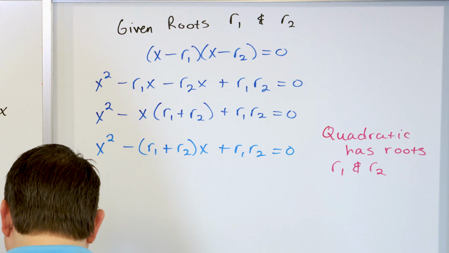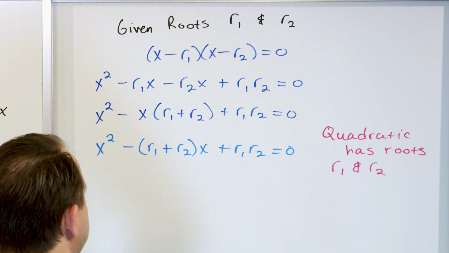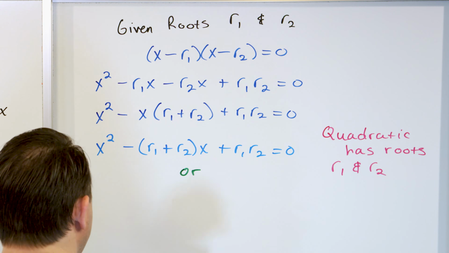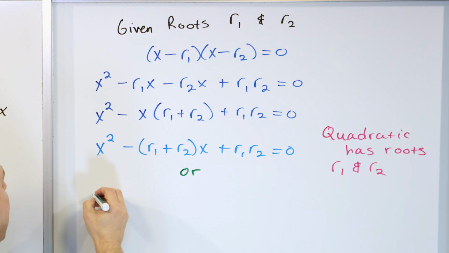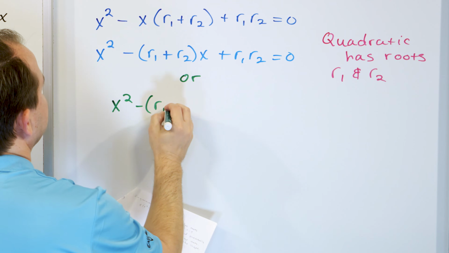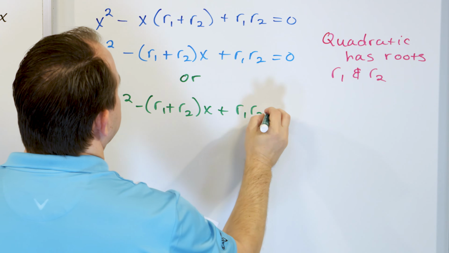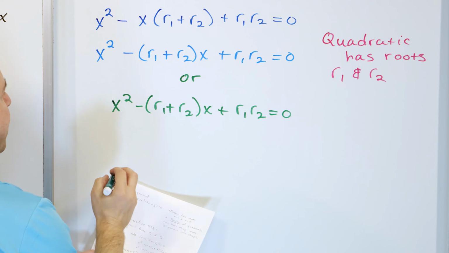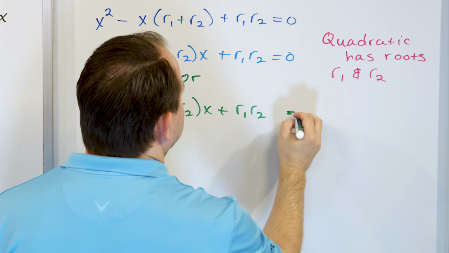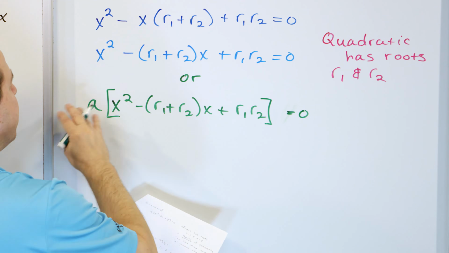But you also have the idea that this is actually a family here. So this is the base one, I guess you could say. We know that we can take this polynomial of x squared minus r1 plus r2 times x plus r1 r2 equals 0. We can take that polynomial, let me stick this a little bit farther over, and we can multiply the whole thing by some number a.